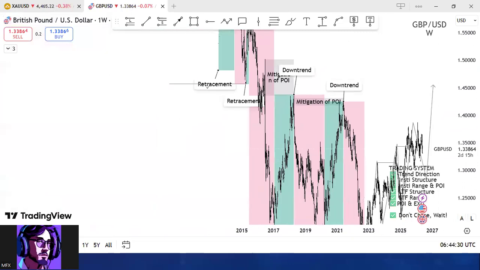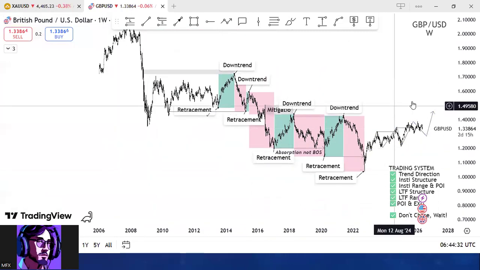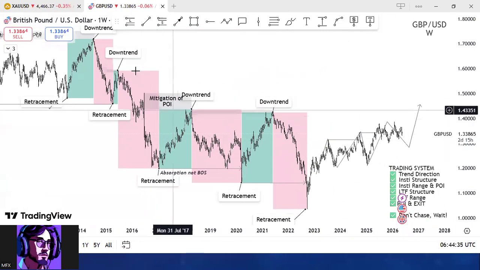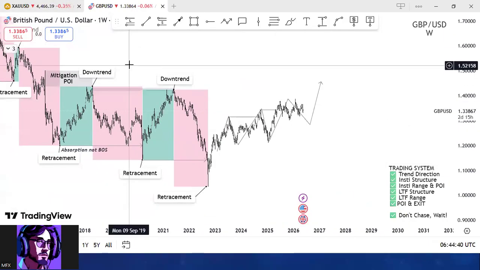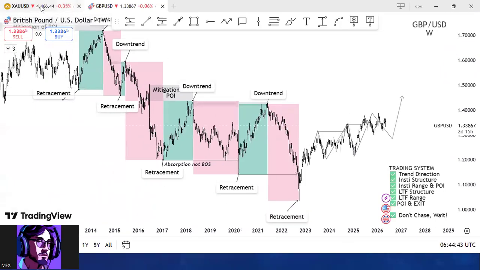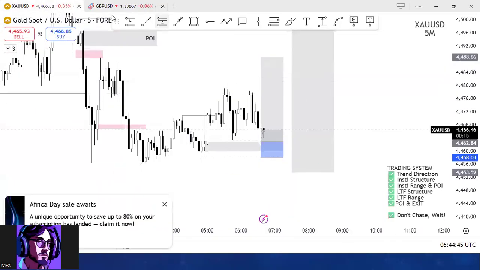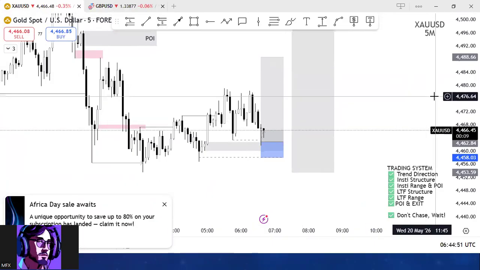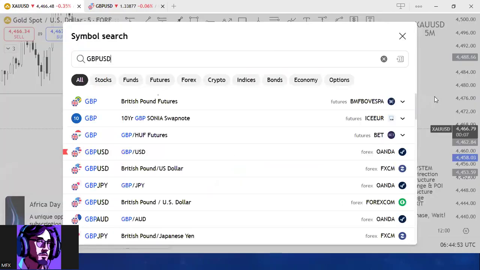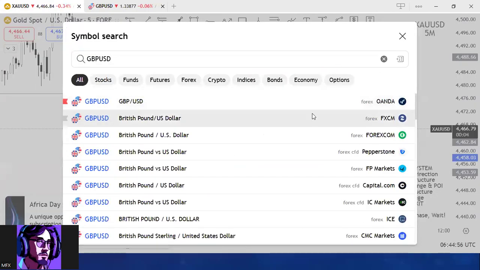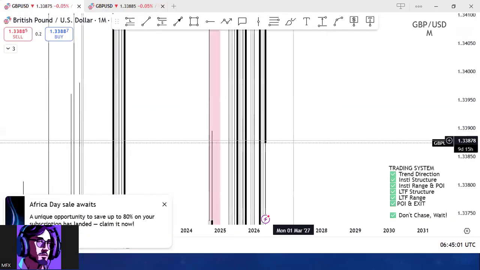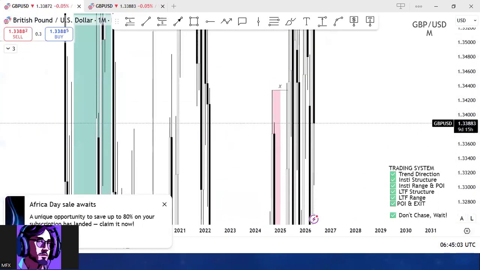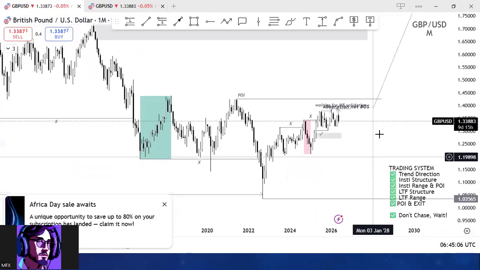Now, if you zoom out, you're going to see that there is a POI around here, if I'm not mistaken. I think I did a markup on that on another exchange. Yep, another exchange. Let me see. GBP USD, this 1 month. Okay, yep.